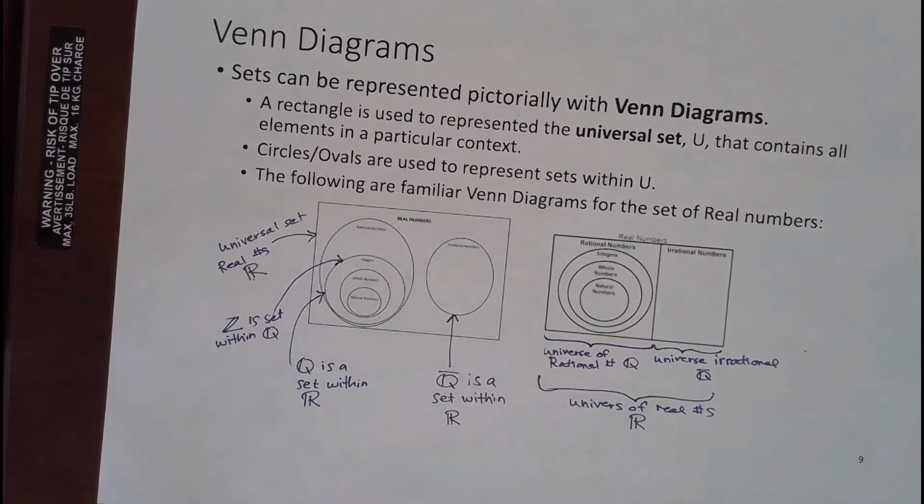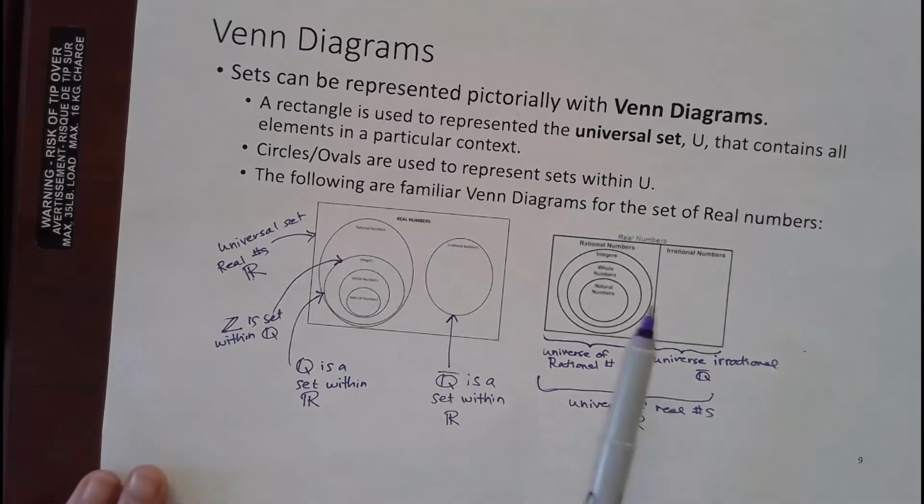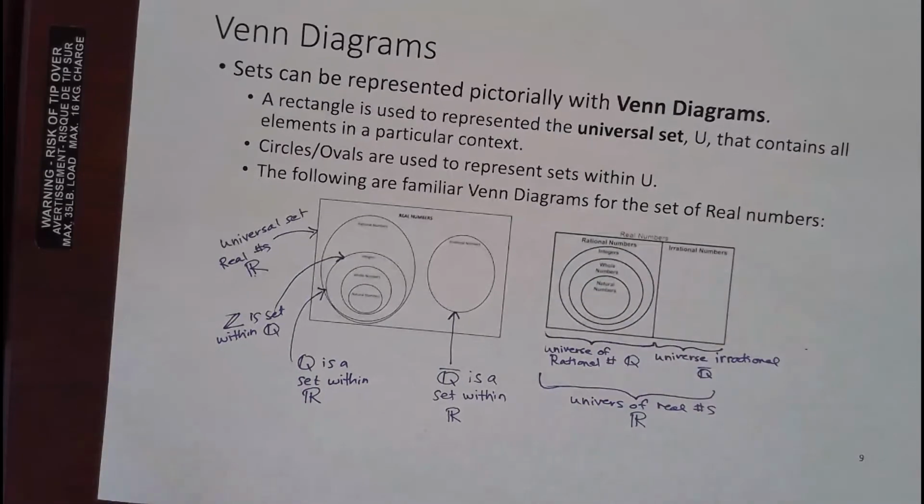But there isn't anything out there. That's why this one's probably a better representation of the actual universe of the real numbers, but you might have encountered either one of those. I like that one better.